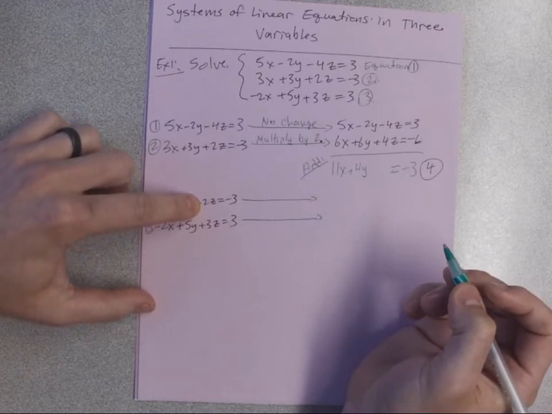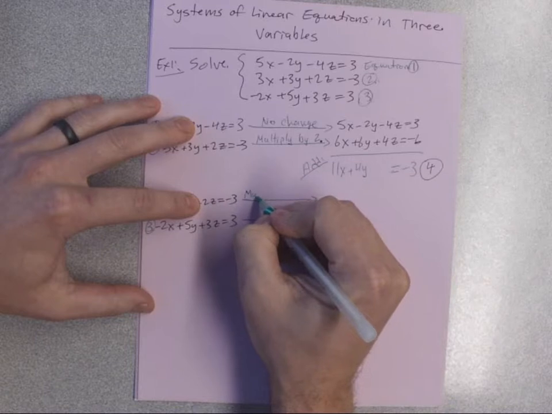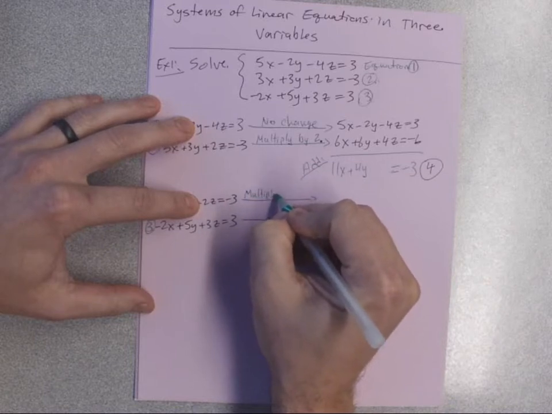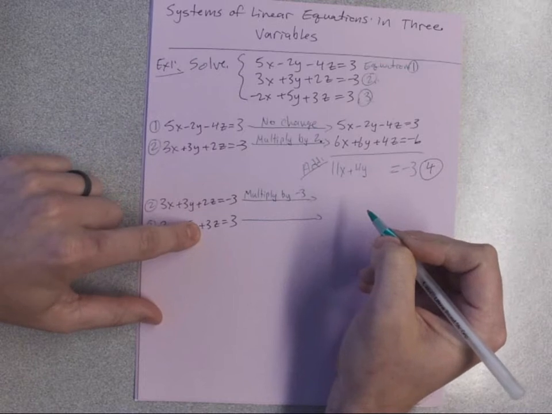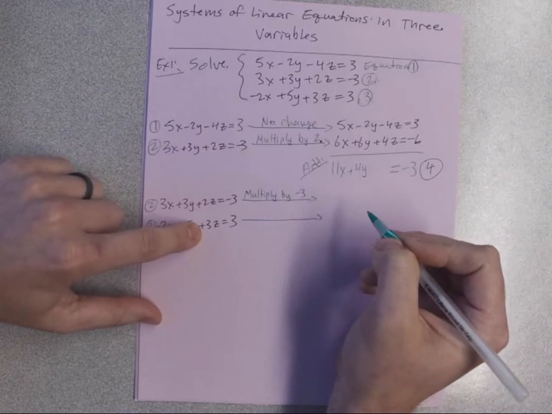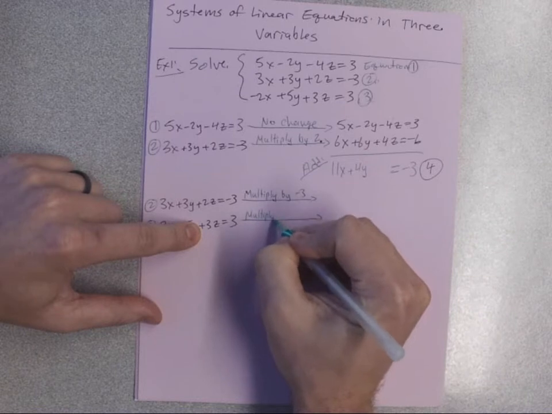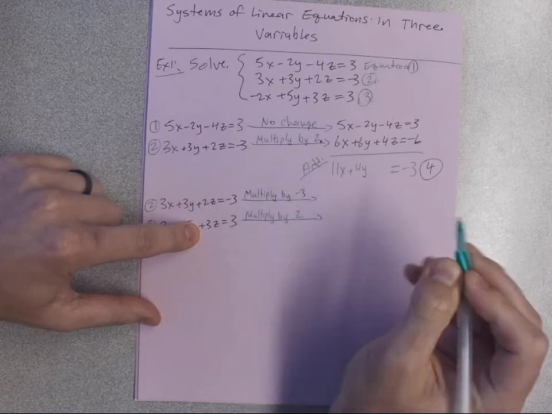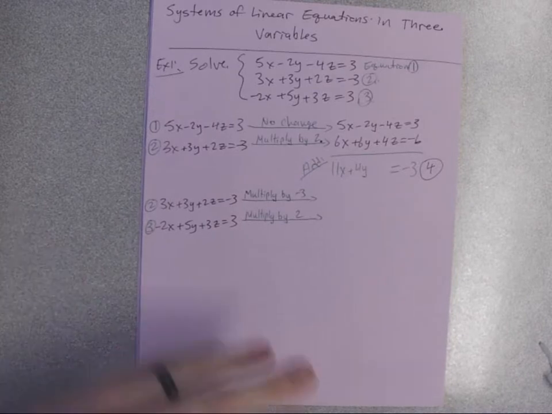So to make this 2z a 6, I need to multiply, let's say, by negative 3, because one of them has to be negative. Multiply by negative 3. In the bottom, to make this 3z a positive 6, I need to multiply by 2. And then you write the resulting equations.